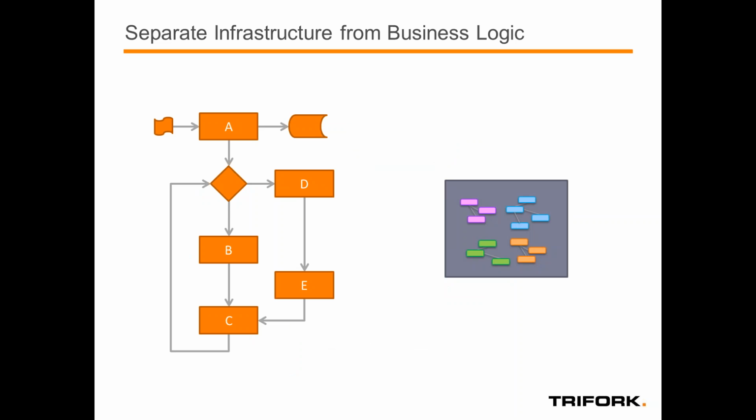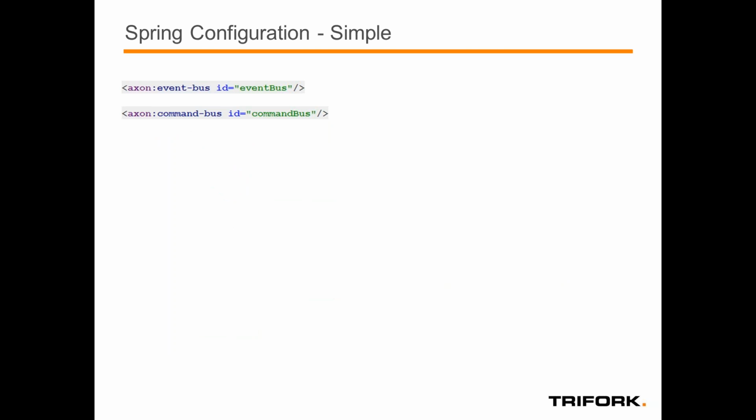And initially you want to make that deployment as easy as possible, because you do not want to spend a lot of time building a lot of infrastructure which you might not need at all. So we want to start off small, and in Axon you can define the infrastructure quite easily.